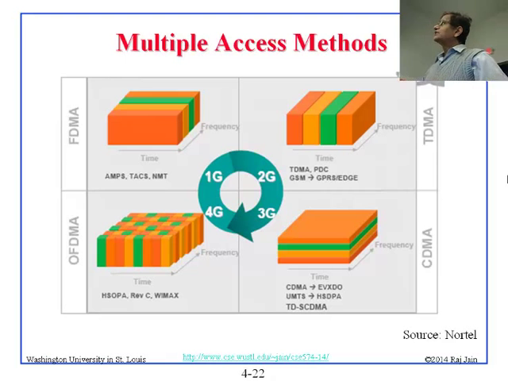Right? So in the second generation we became smarter, and we said we will do TDM, time division multiplexing. And we became digital too. Second generation is GSM, which we still use, and it is digital.